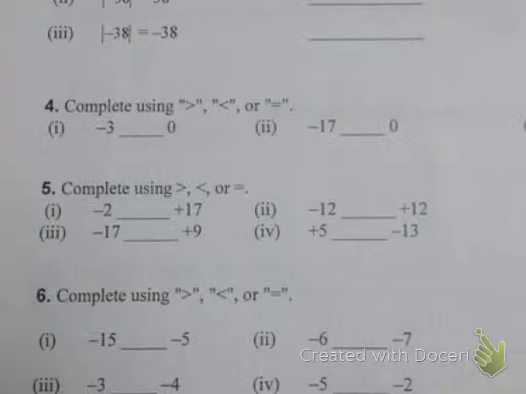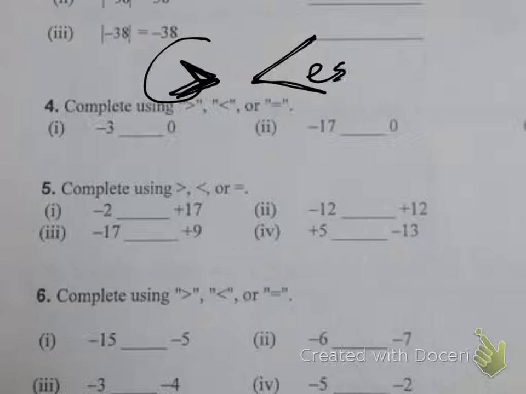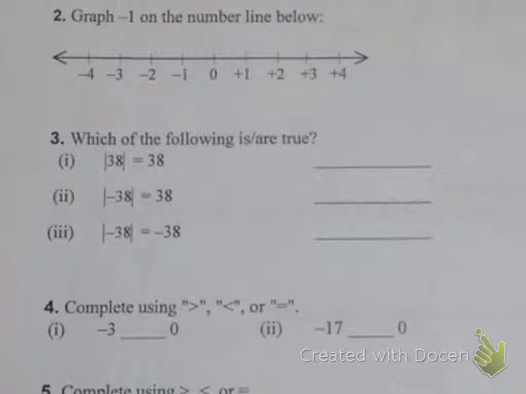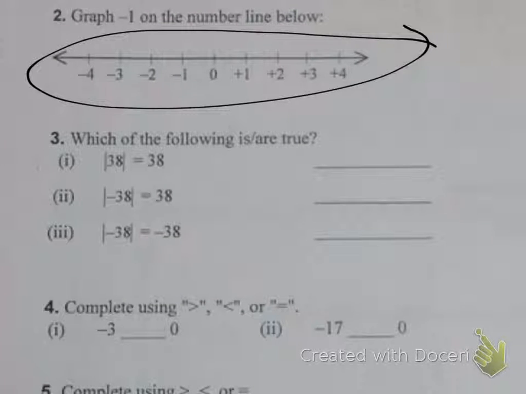For number 4, we're completing these with greater than, less than, or equals. First of all, if we take a look at a number line, we'll go ahead and use this number line right up here.